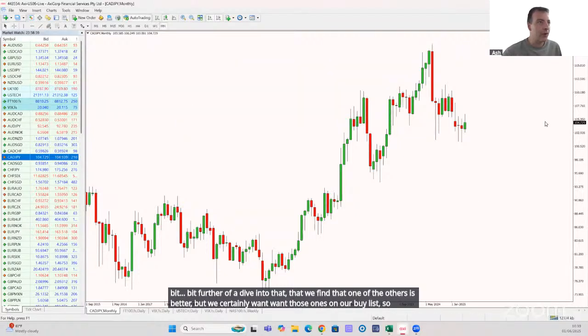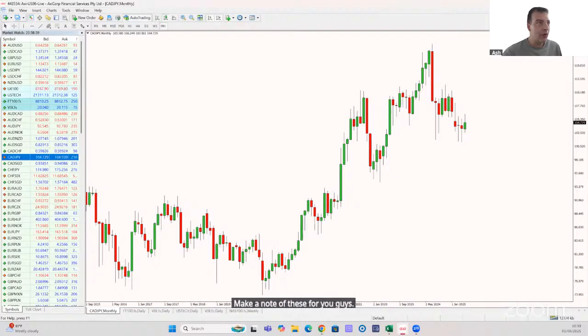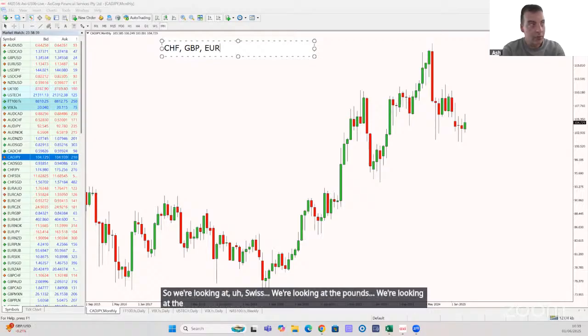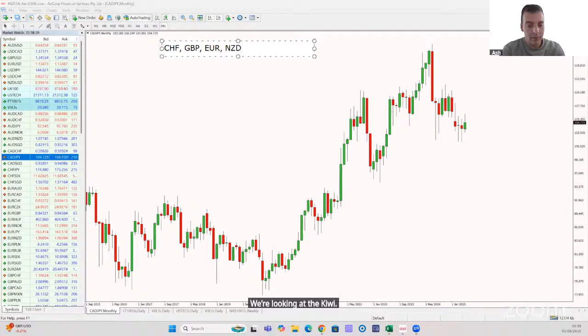So we'll make a note of these for you guys. I can do this. We're looking at Swiss, the pound, the euro, the Kiwi, and this is on the buy side. And then for the sell side, we're looking at the CAD.